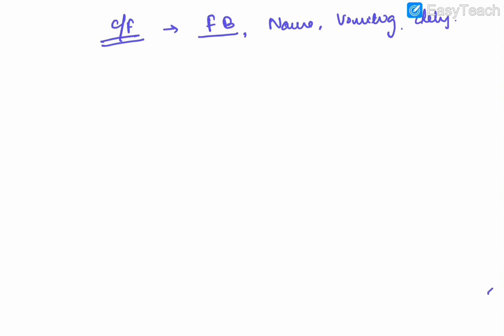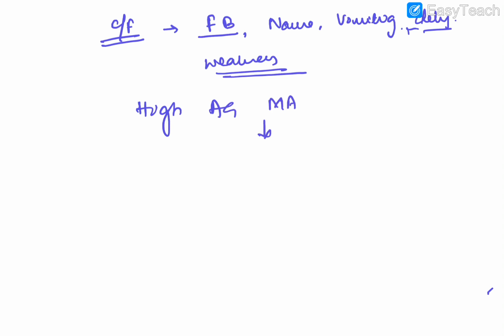Now, the main clinical features are fruity breath, as we already discussed, nausea, vomiting, dehydration because of that, and weakness. We have discussed the pathophysiology of each of this. Now, because as we have already discussed, there is a state of high anion gap metabolic acidosis, the body will respond to it by respiratory alkalosis.